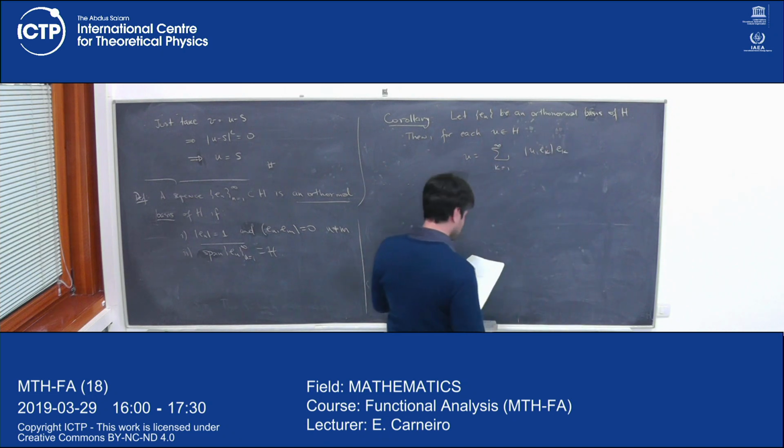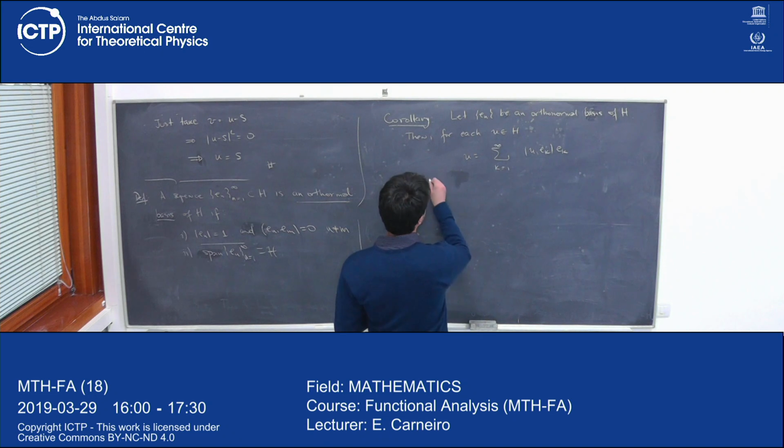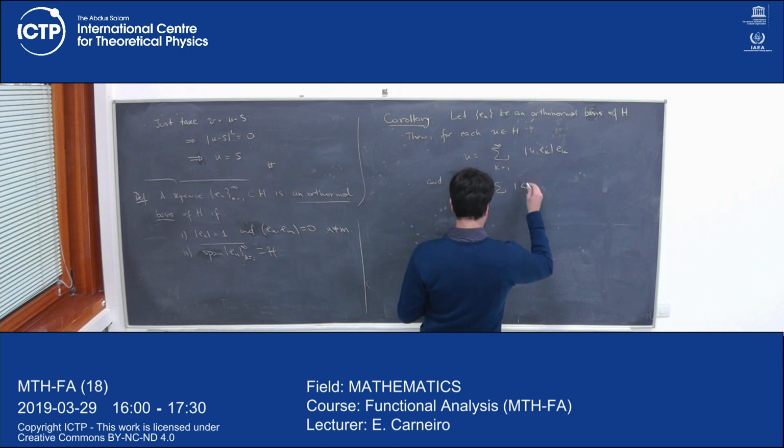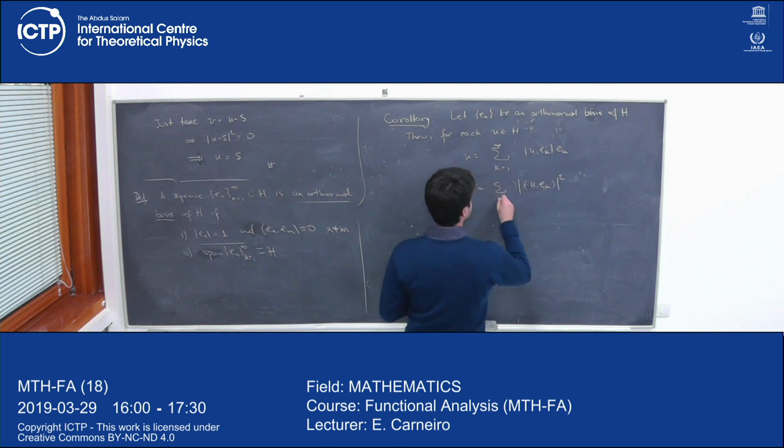So this is just the usual decomposition, and the norm of u squared is just the sum of (u, e_k) squares.